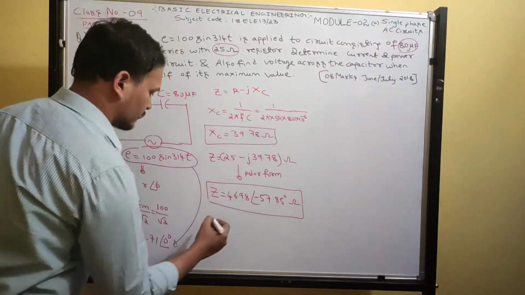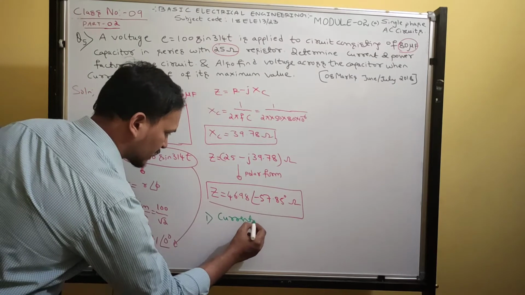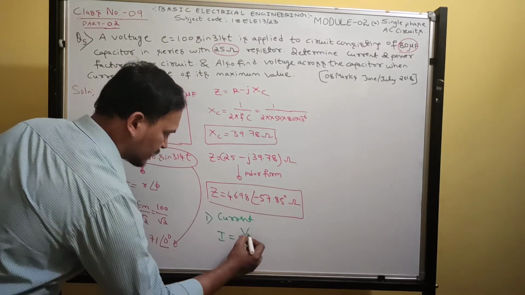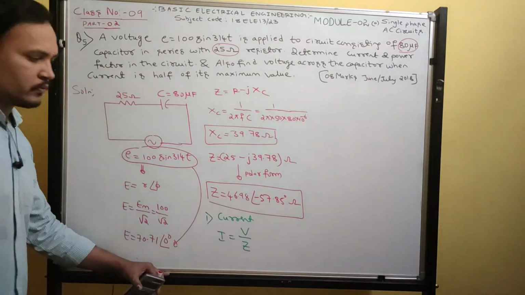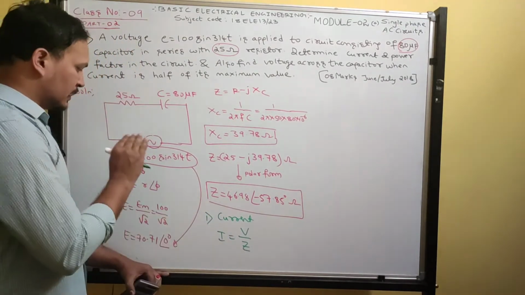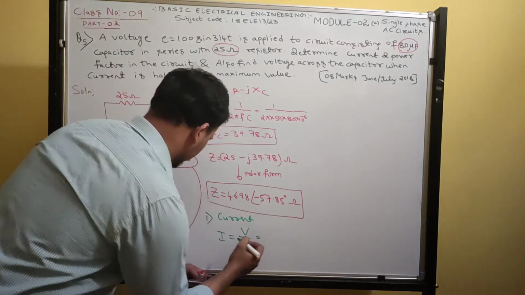What is the current? The first question is current. What is the current formula? I is equal to V by Z. If it is a DC circuit, you are going to write I is equal to V by R. In AC, you should use impedance only. Now you write those values.